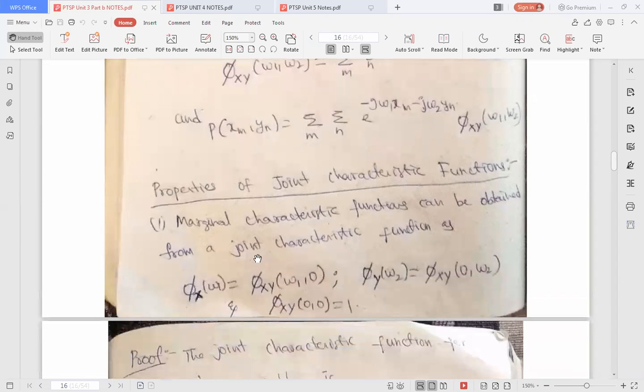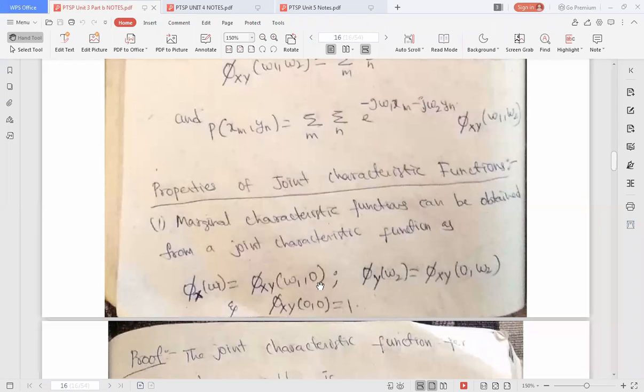Okay. And what are the important properties of joint characteristic function? We know that marginal characteristic function can be obtained from joint characteristic function. Marginal means it is a function of only one random variable and one frequency variable. Okay. So phi x of omega 1 is equal to phi xy of omega 1 comma 0.